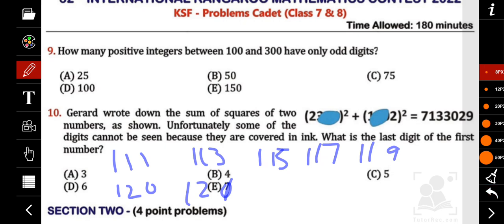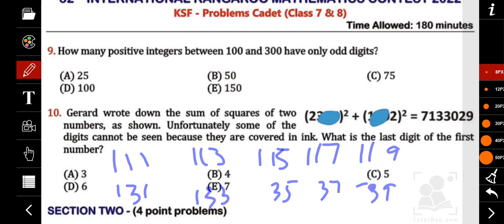For that, we need to see that we can include only 131, then 133, then 135, then 137, 139, and so on. So we see 1, 2, 3, 4, 5 digits in 111 series, 1 series, then 5 numbers in 1 series.